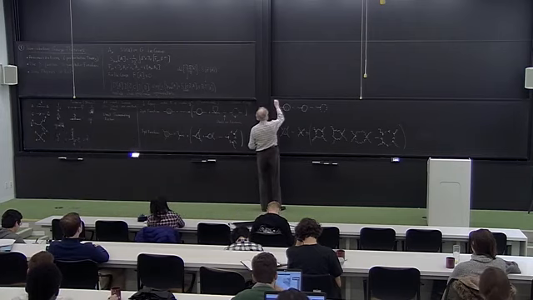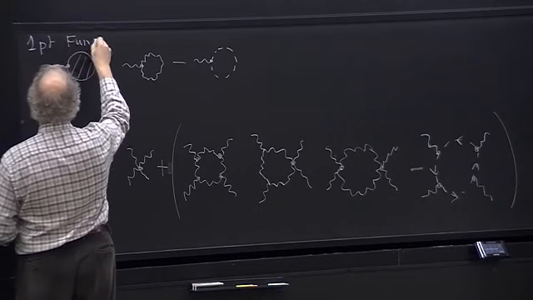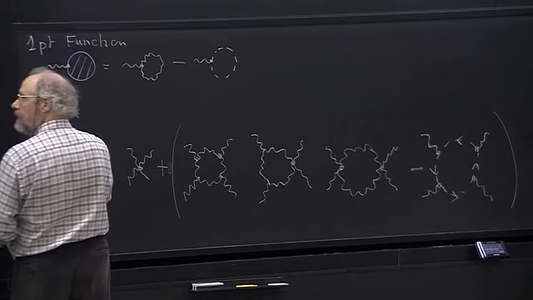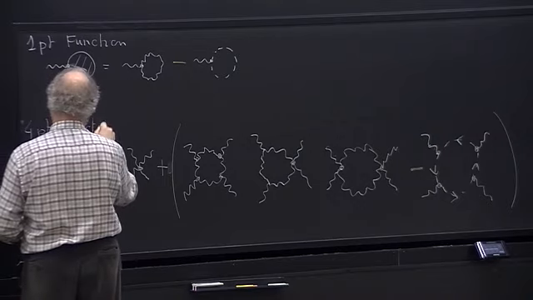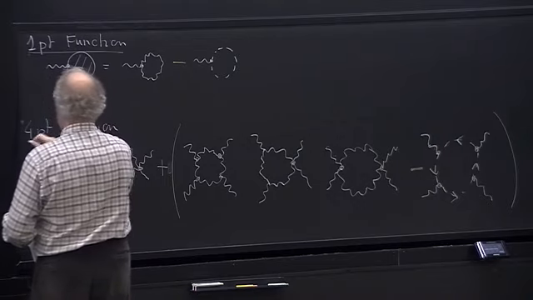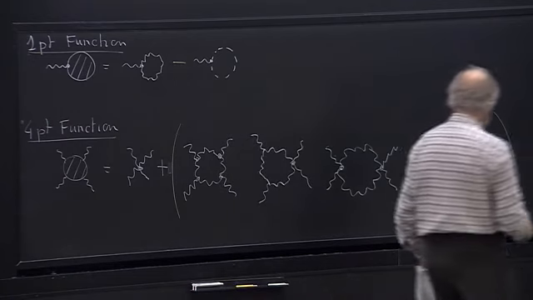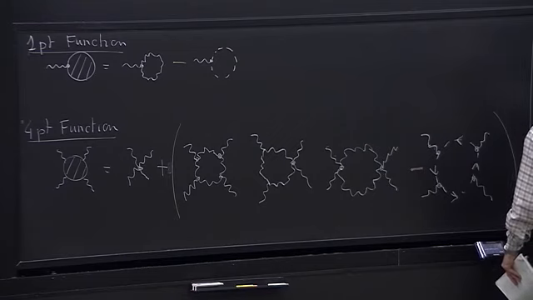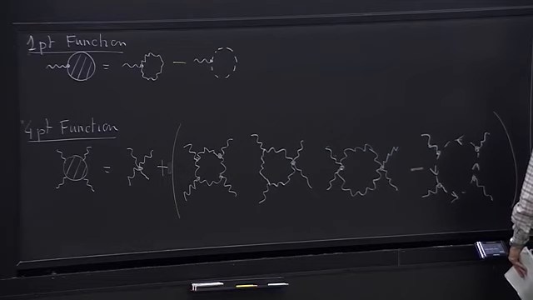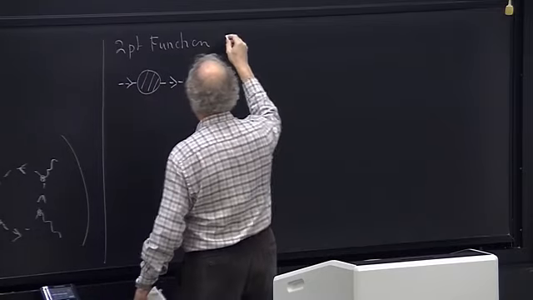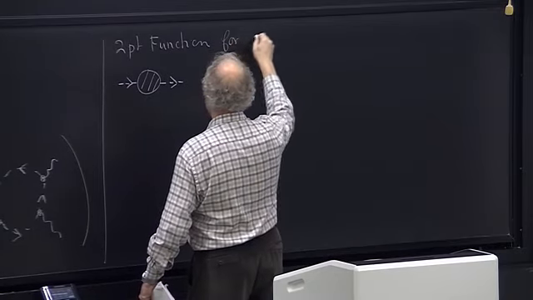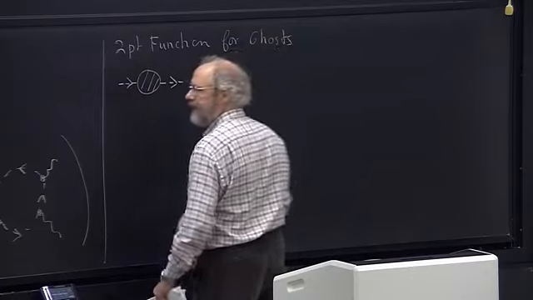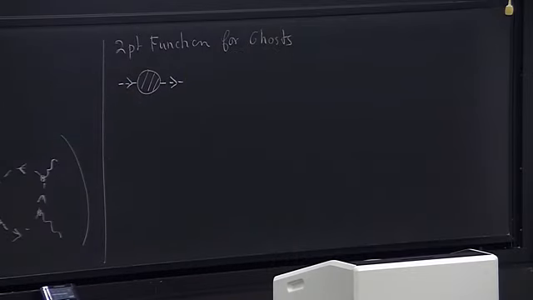So this is a 1-point function. This is a 4-point function. Okay. And we have to consider the 2-point function for the ghosts, because they interact with the gauge field.